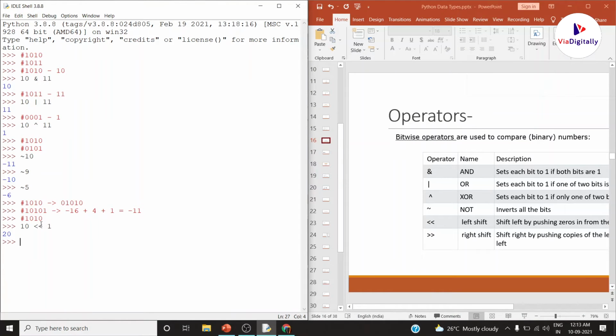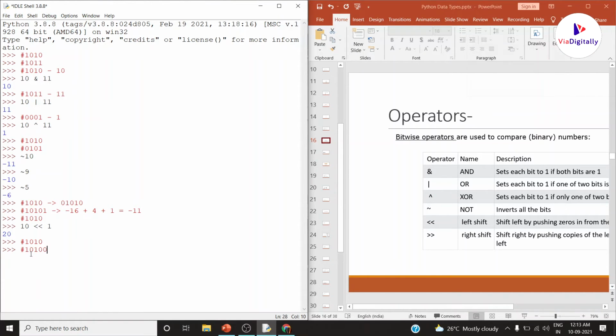What happens here is, we insert a new 0 from the right side, and we move the corresponding bits towards the left side. Since we know that 10 is nothing but 1010, a new 0 will be inserted from the right side, and the number becomes 10100. Now this value will be 20.